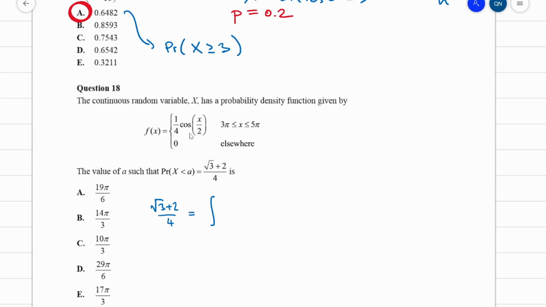Now this PDF, where it's non-zero, starts at 3 pi, so we're going to go from 3 pi, the start of where the distribution is non-zero, up to some point a, of the function f of x, dx. If you integrate from 3 pi to a of your density, that gives you the probability from 3 pi to a, but that's the same thing as the probability that x is less than a. So we just have to evaluate this now.